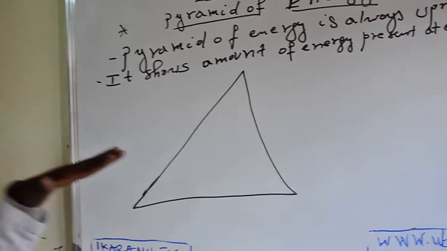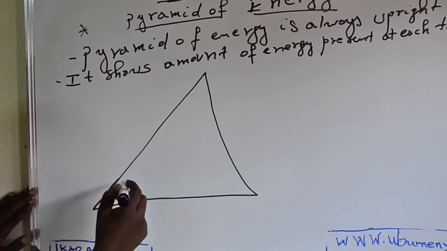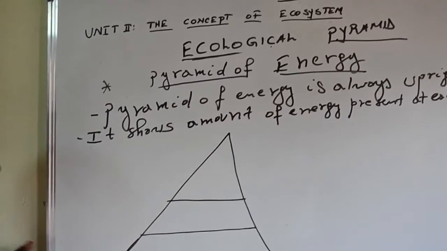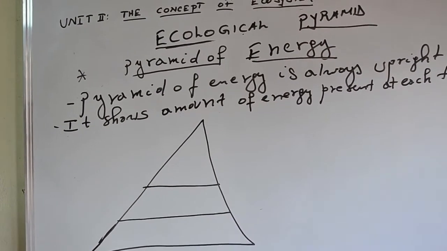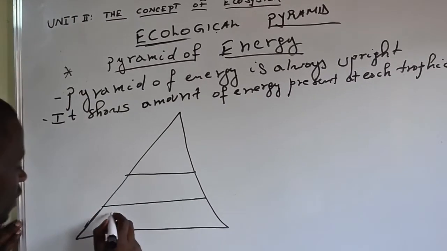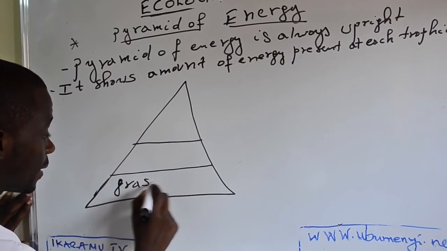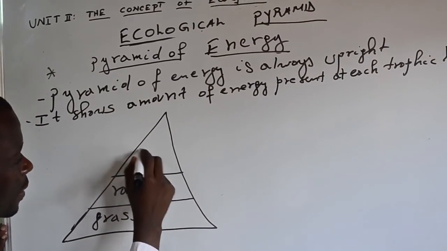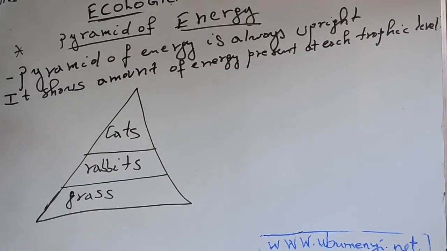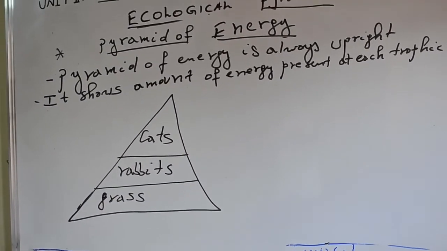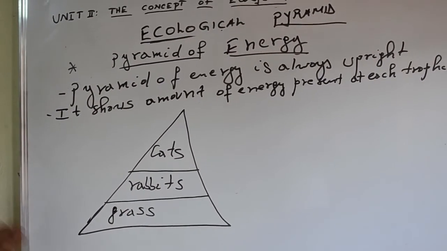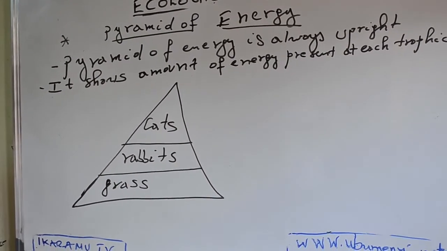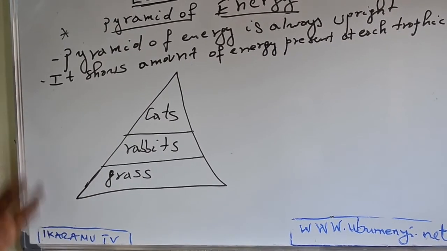So, we are now going to present how it looks. For example, in the example that we have been using, if you have grass here, rabbits here, cats here, this shows that grass has a higher energy, as always, than rabbits, than cats, okay?